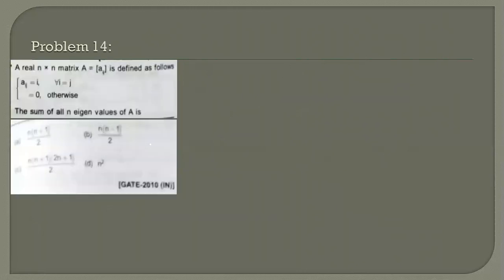The next question: a real n cross n matrix A, where Aij is defined as Aii equal to i for every i equal to j. I equal to j means we are on the diagonal. Diagonal entries are equal to i, and 0 elsewhere. So the matrix will look like this. It is an n cross n matrix.